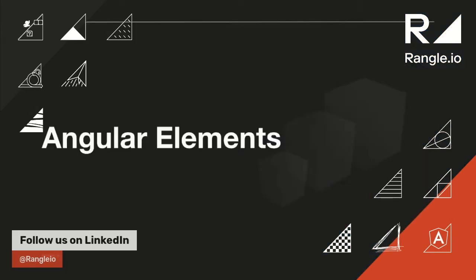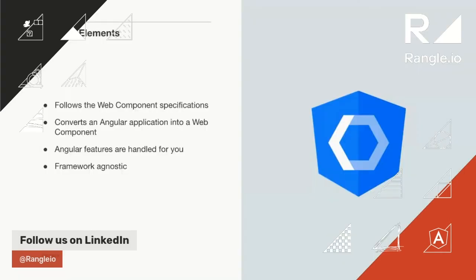Cool. And now we'll talk a little bit more about Angular Elements. So what are they? Well, they follow the web component specifications. Before we proceed, what are web components? I like to think of web components as a block of code that encapsulates the core structure of HTML elements, including CSS and JavaScript, and it enables you to use the code anywhere, whether it's a vanilla application or a React app.